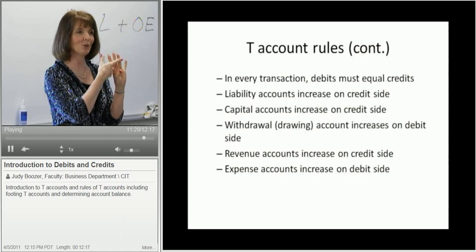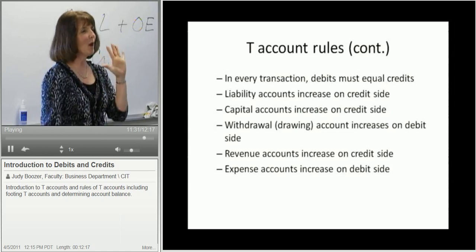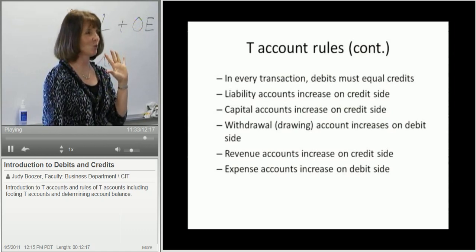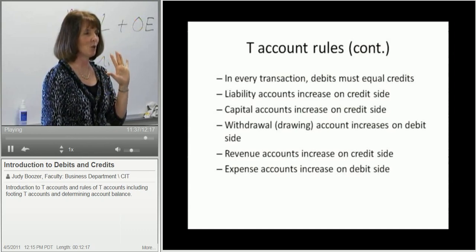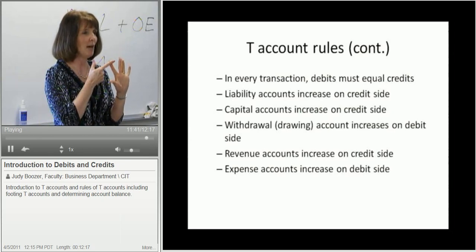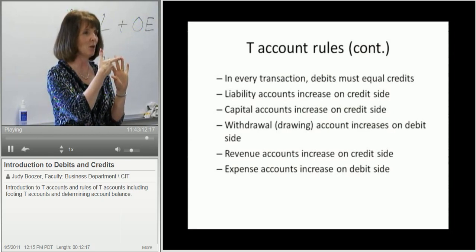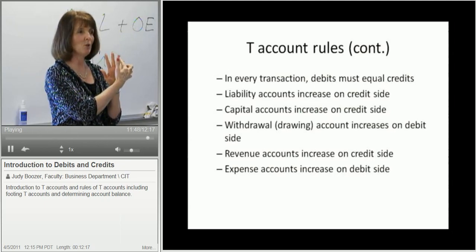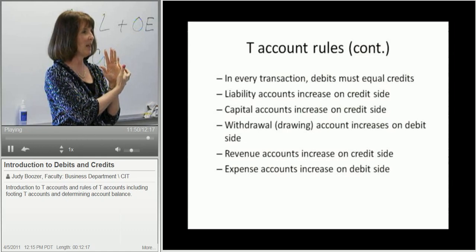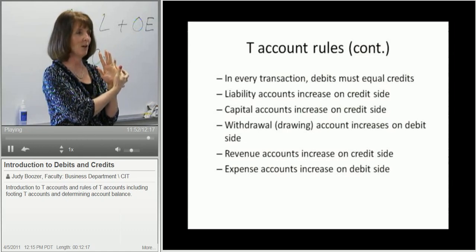And revenue. Good. So you have a cheat sheet with your fingers right now to remember the balance side or the increase side for all accounts. Assets equal liabilities plus owner's equity. Under owner's equity, we have revenue and expenses, and then, of course, withdrawals if there are any.